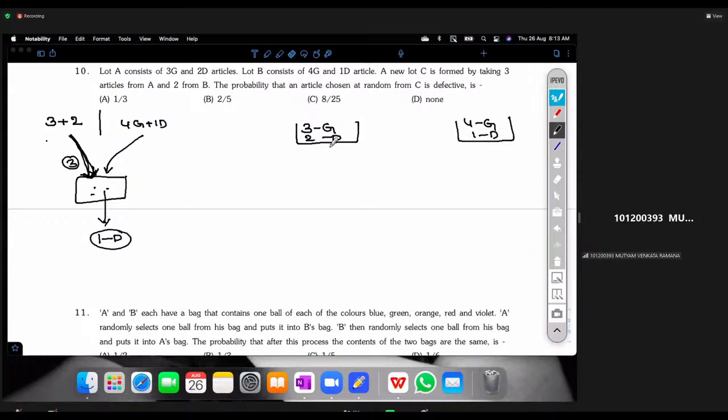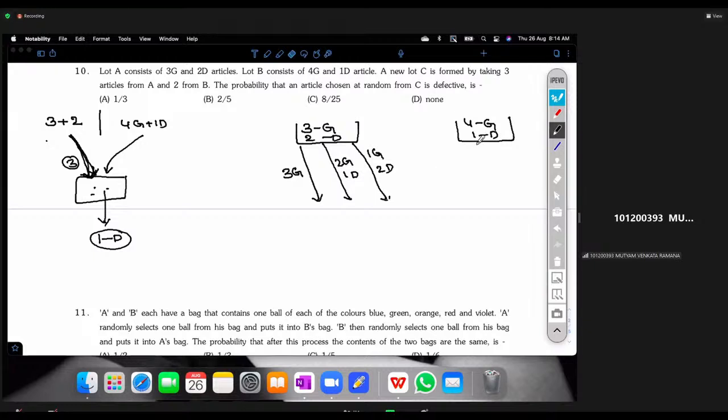From this one, three items need to be transferred. First, I'm transferring all three genuine. Second case, I'm transferring two genuine, one defective. Third, I'm transferring one genuine, two defective. For each, a probability will be there.